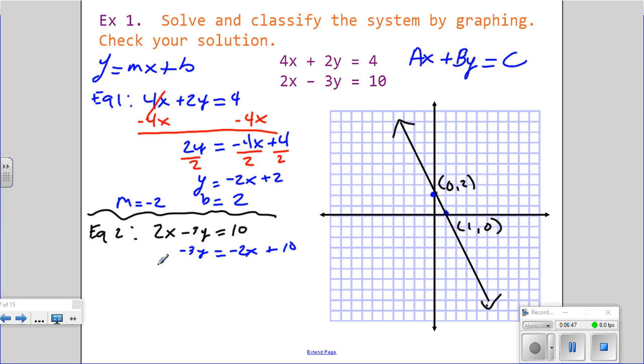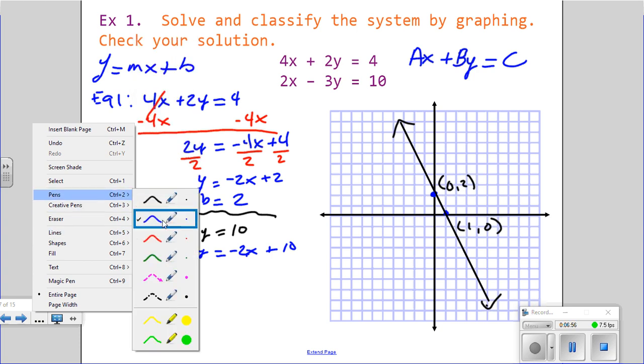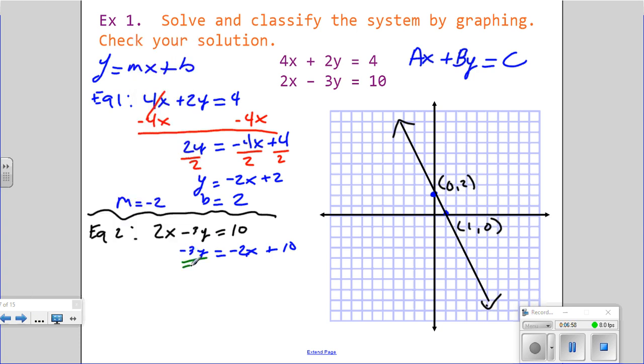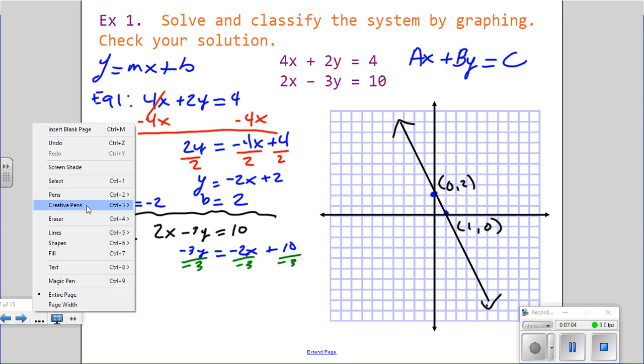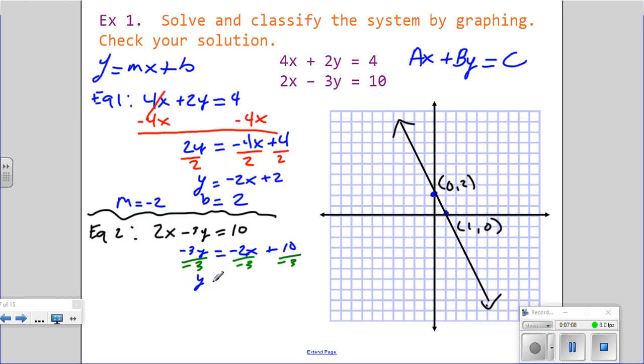And then I would divide everything by negative 3. Which would give me a final equation of y is equal to positive 2/3 x minus 10/3.